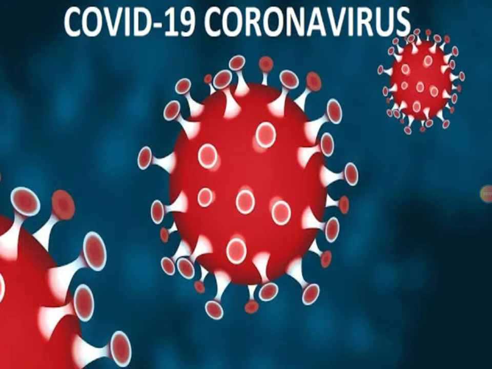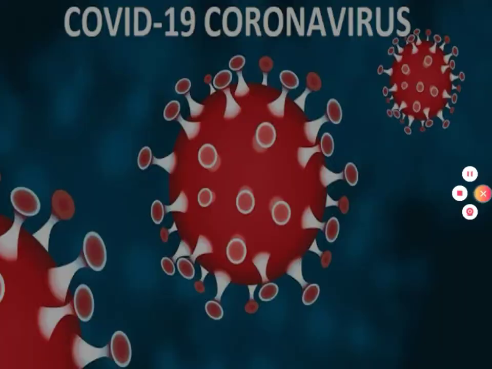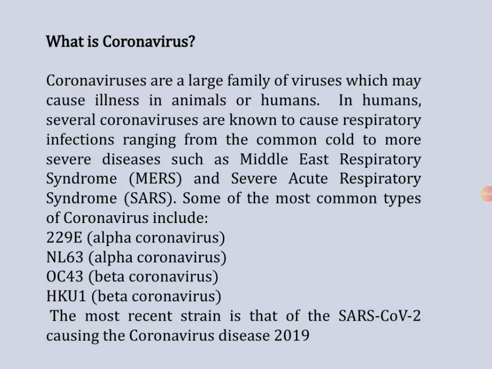In this video we are going to talk about the COVID-19 coronavirus. What is coronavirus? Coronaviruses are a large family of viruses which may cause illness in animals or humans. In humans, several coronaviruses are known to cause respiratory infections, ranging from the common cold to more severe diseases such as Middle East Respiratory Syndrome and severe acute respiratory syndrome.